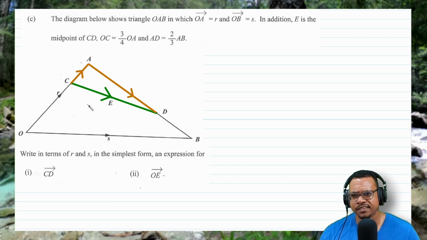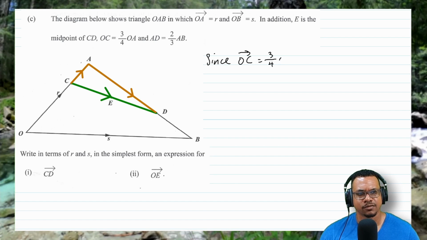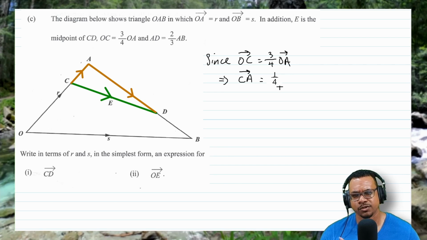Before I do anything, I need to know what is the vector C to A. Now we have O to C is 3/4 O to A. So if O to C is 3/4, then C to A is just 1/4, because 3/4 plus 1/4 will get a whole.